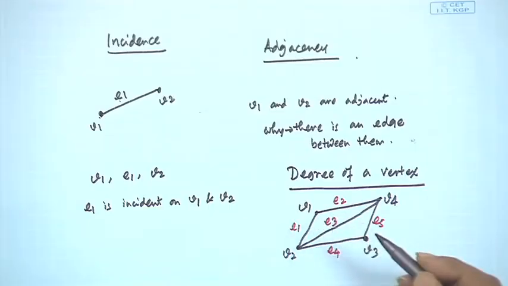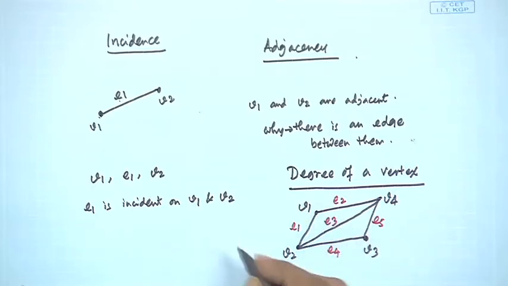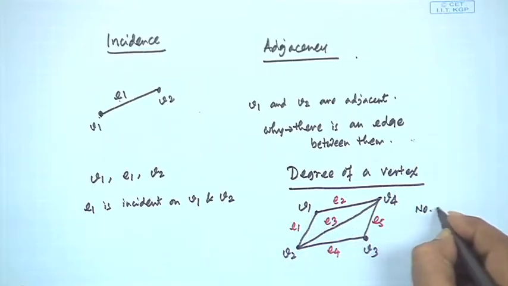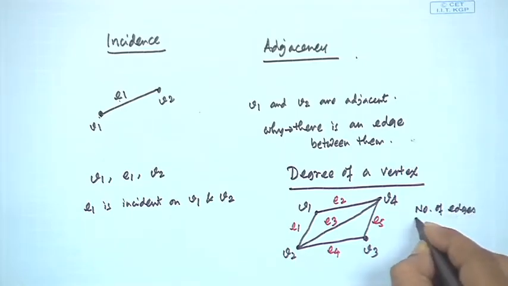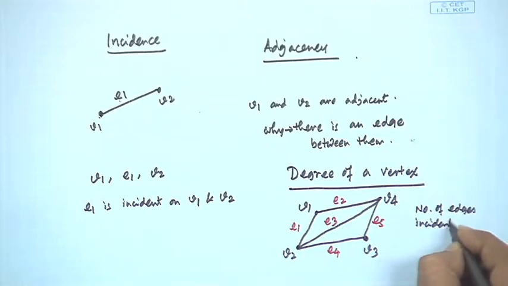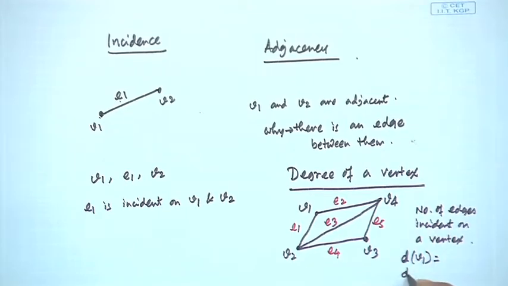So, how many edges are incident on V1? Number of edges incident on a vertex. So, what are the degrees? So, what is the degree of V1? What is the degree of V2? What is the degree of V3?